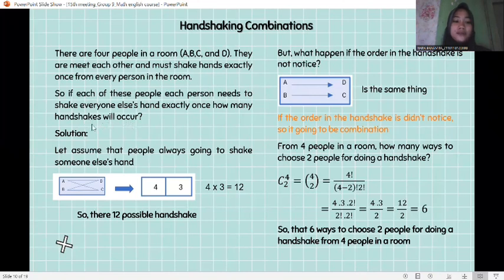will occur? The solution is, let's assume that people are always going to shake someone else's hand.